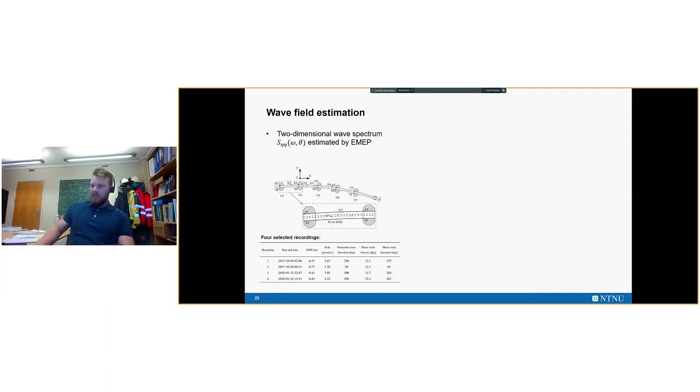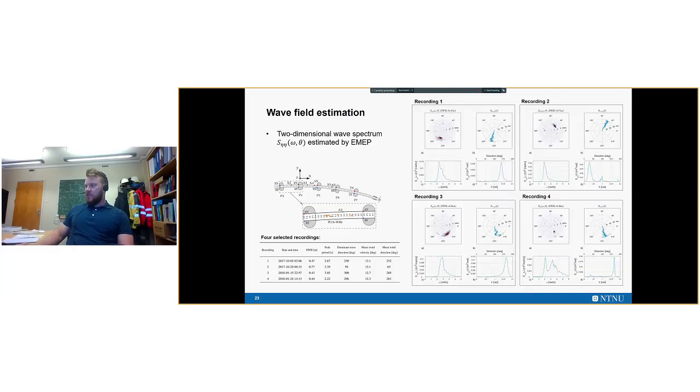So let's start with analyzing the wave data. We have done some wave field estimation. Here we see an example of this for 4 selected recordings.